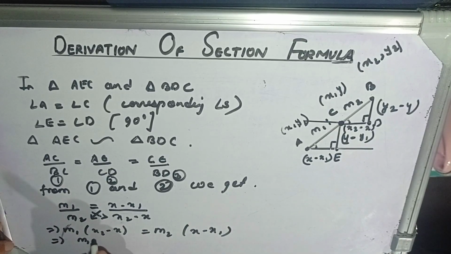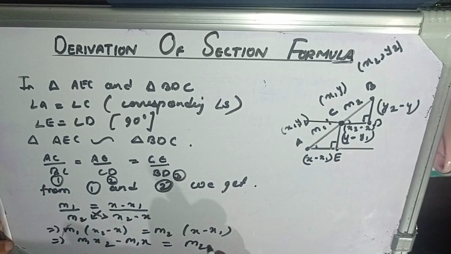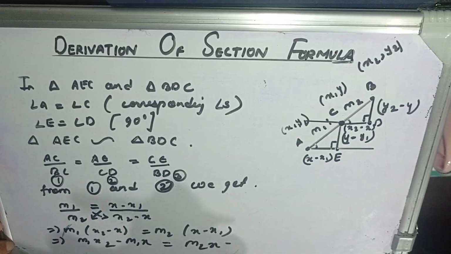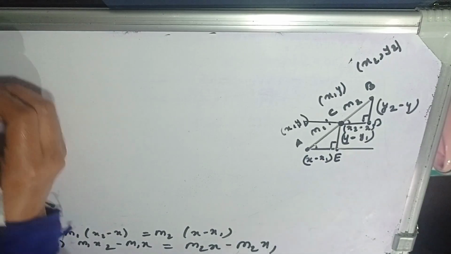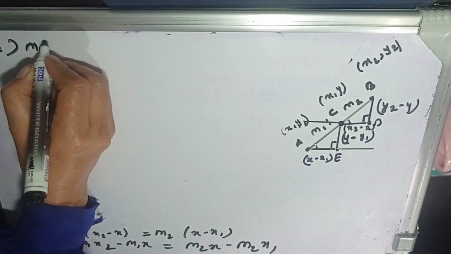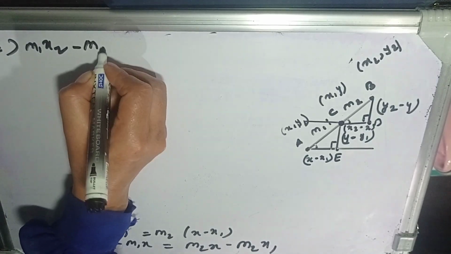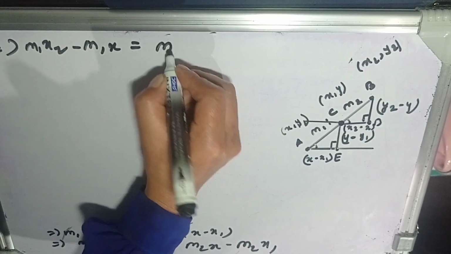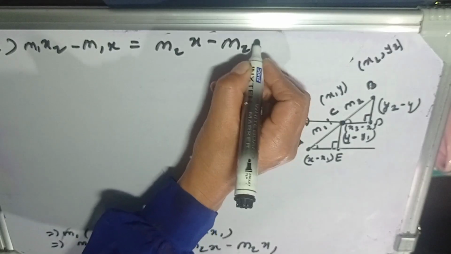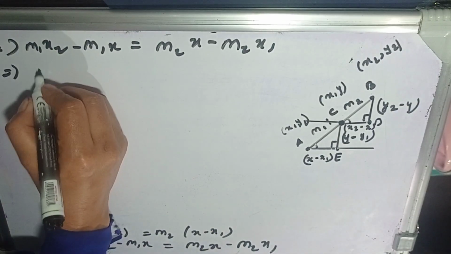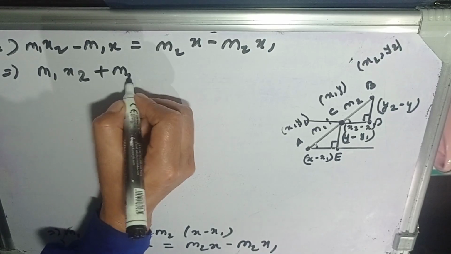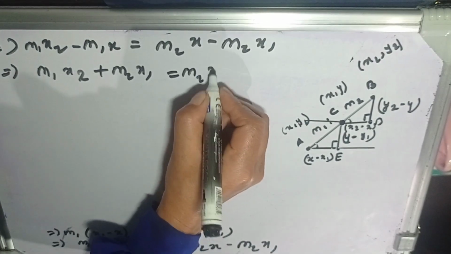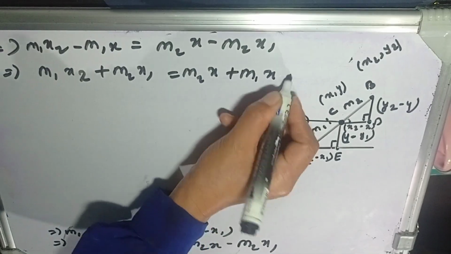So m1 x2 minus m1 x equals m2 x minus m2 x1, which implies that m1 x2 plus m2 x1 equals m2 x plus m1 x.